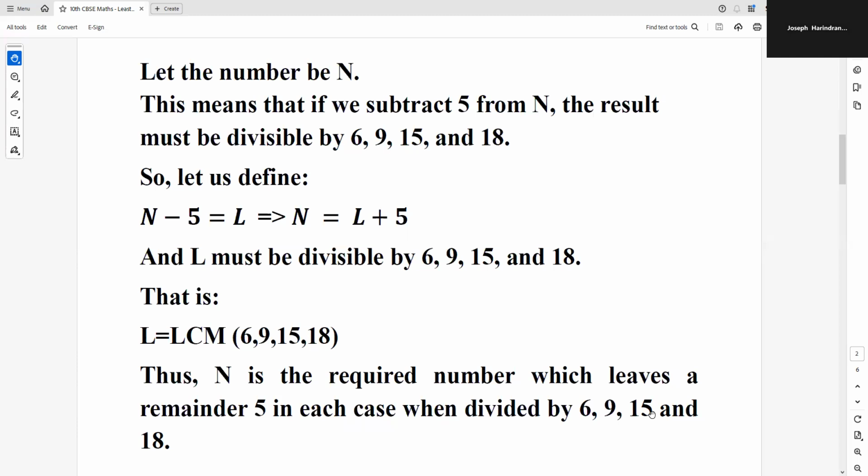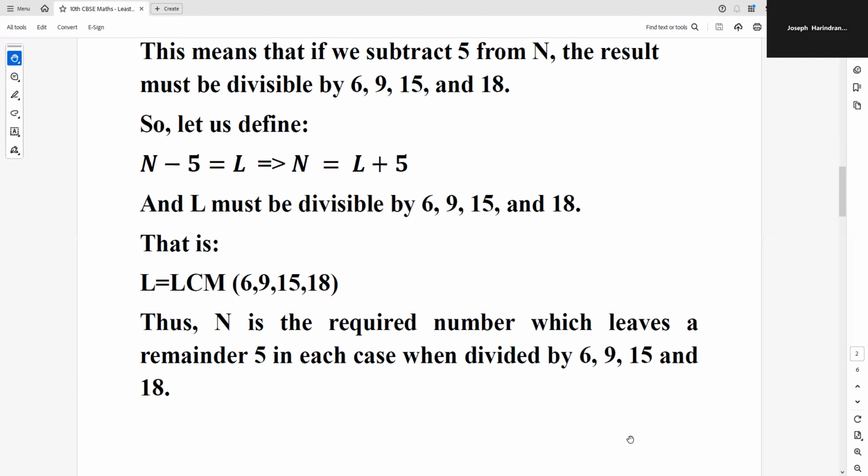L is the LCM of these 4 numbers, and L must be divisible by 6, 9, 15, and 18. That is, L is equal to LCM of 6, 9, 15, and 18. Thus, n is the required number which leaves the remainder 5 in each case when divided by 6, 9, 15, and 18.